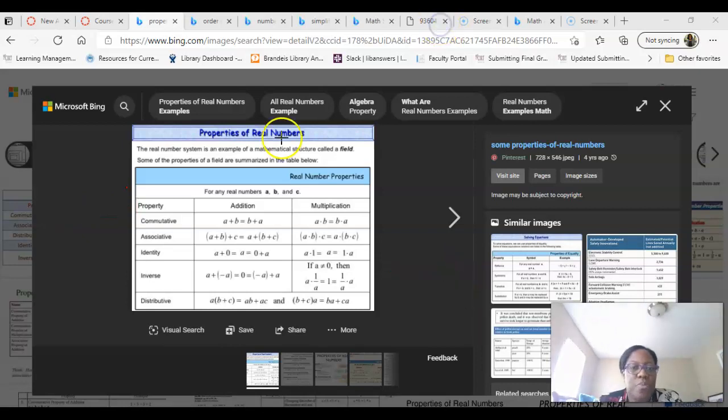Let's erase there. And then your distributive property. If I have 3 times 2 plus 3, that means 2 plus 3 is 5.